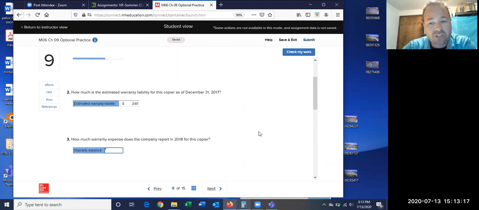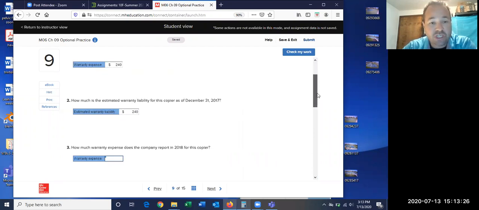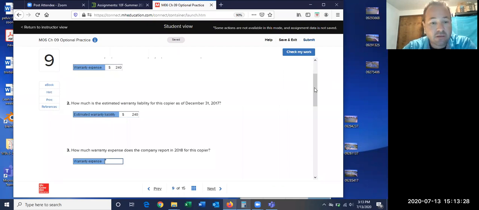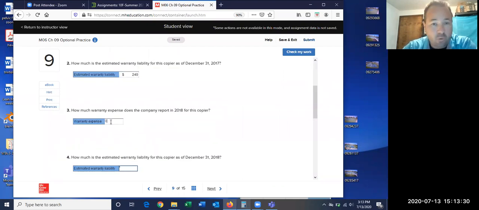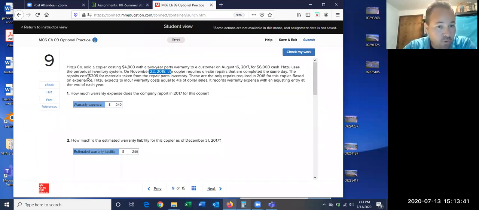And then it says, how much expense do I calculate for 2018 when I actually go in and do the repair? Well, I've already expensed for that machine back in 2017, so I'm not going to expense any more. I already expensed it. I'm simply going to take away from the liability to pay off that expense.